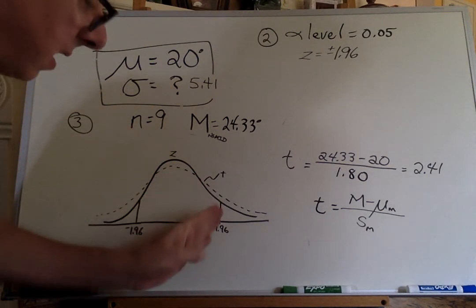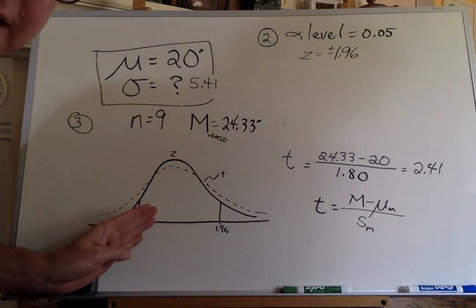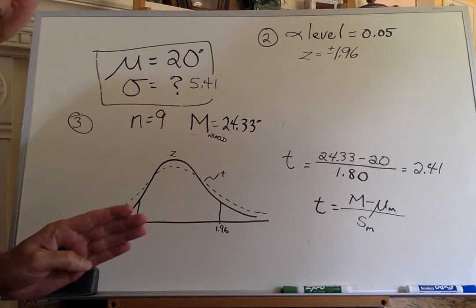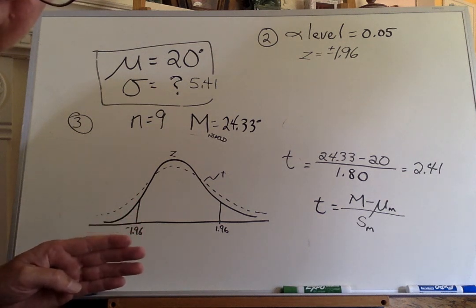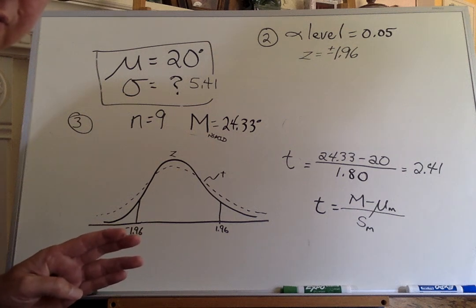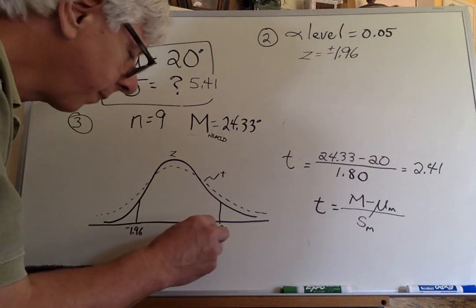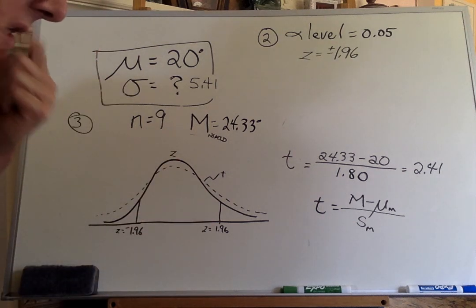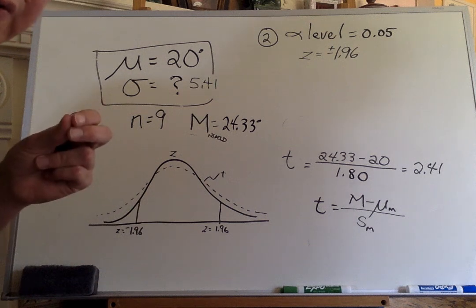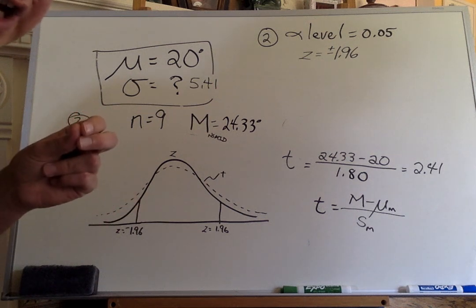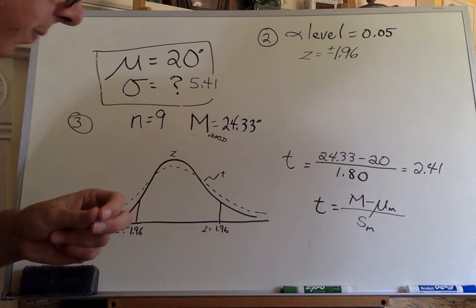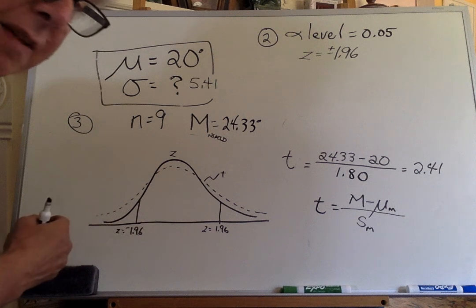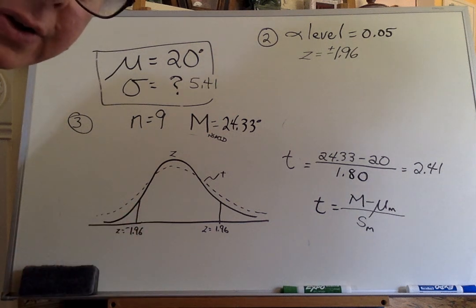If we use a t of 1.96, are we going to have more than 5% in the tails, less than 5% in the tails, or 5% in the tails? If instead of a z of 1.96, we use a t of 1.96, we would have more than 0.05 in the tail, less than 0.05, or 0.05. Well, if we're squishing this down and it's more spread out, then we're going to have more than 5% in the tail.